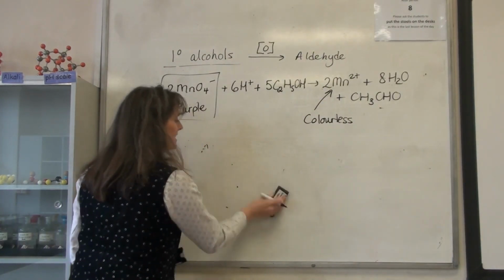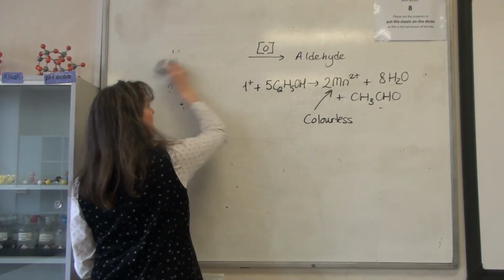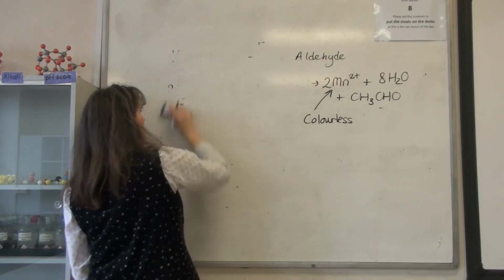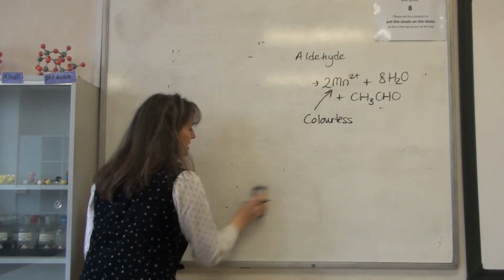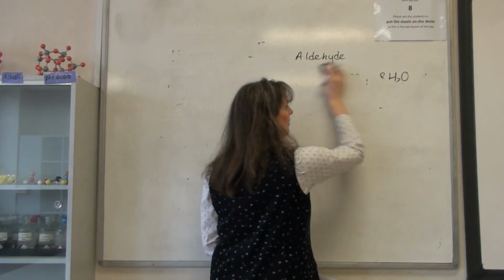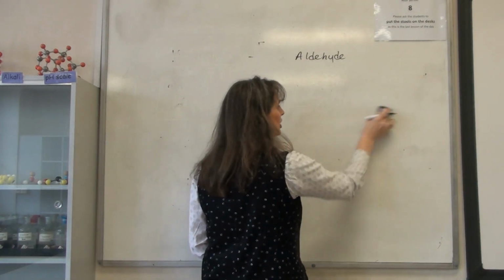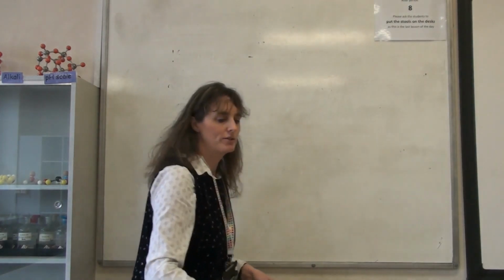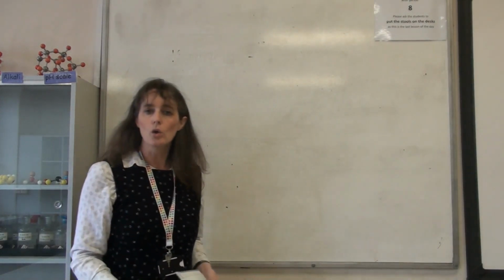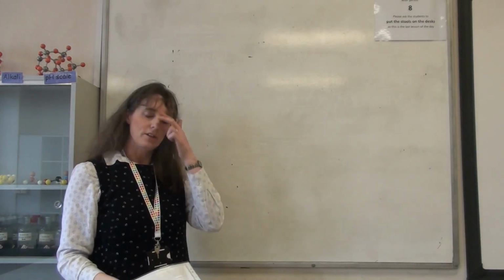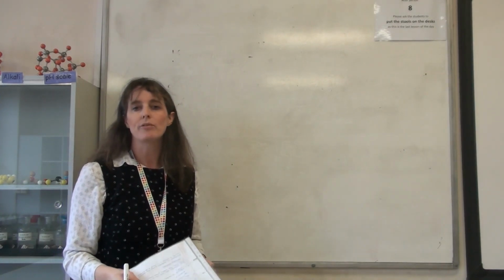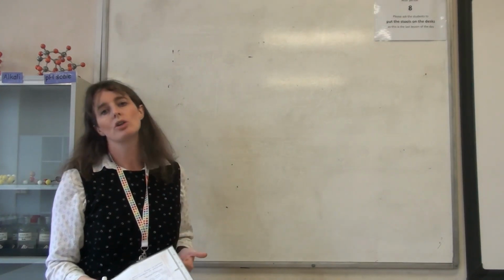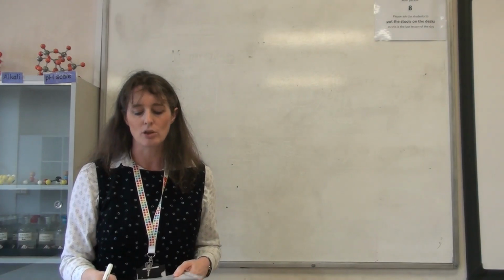Now, the good thing is that all of that information that I've given you about reagents, conditions, colour changes, oxidation state of those various things, is all going to be the same. So you don't have to use a different oxidising agent just because you're using a secondary alcohol.